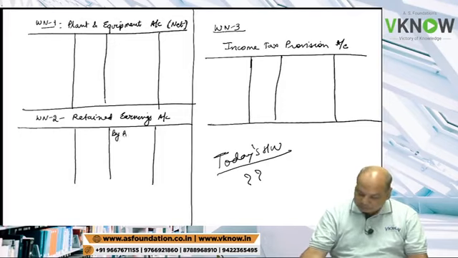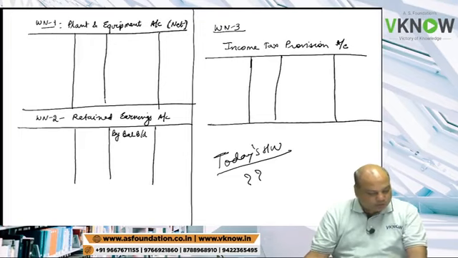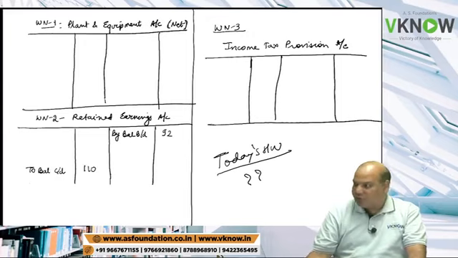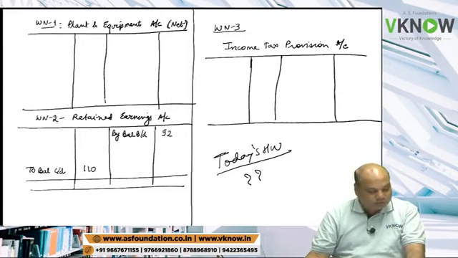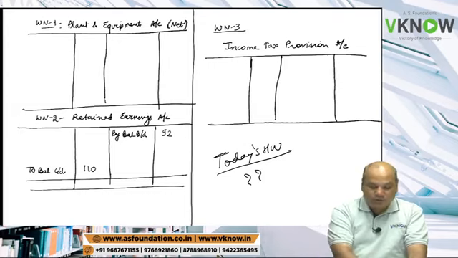By balance brought down, opening balance is 92. Closing balance, to balance carried down, 110. Is this right? Have I written correctly or have I made some mistake? So the answer is this is right.